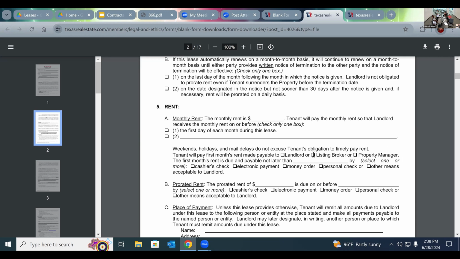It's better to put the listing broker, isn't it? Yeah. I made that huge mistake. Three months later, according to the listing agreement, it's due when they sign it. So yes, it's best to have it paid directly to the broker, but I was not the landlord, I was the tenant.